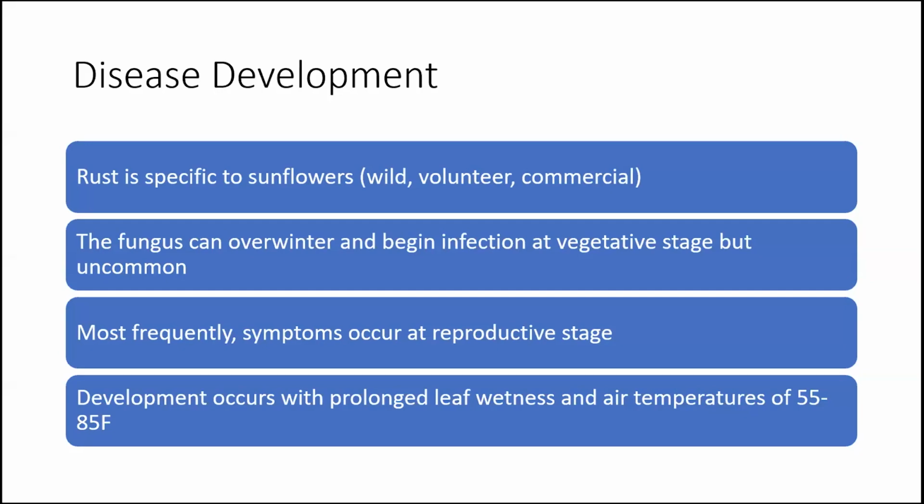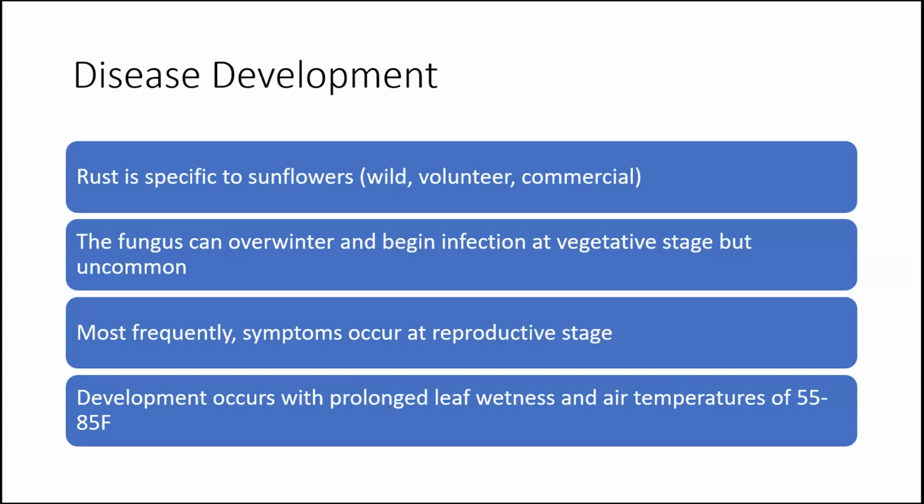It's not sensitive to the cold. And in uncommon cases, it can begin infection at the vegetative stage, but it's extremely uncommon here in South Dakota for that to occur. Most frequently, the fungus begins infection closer to the reproductive stage, and that's when we'll start seeing the symptoms, and that will be on the next slide.